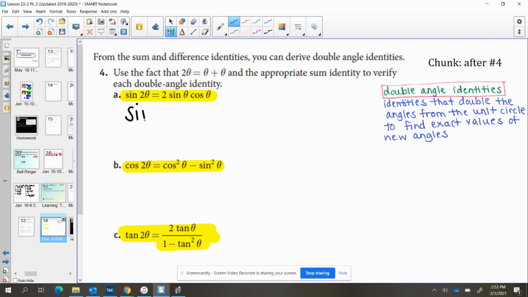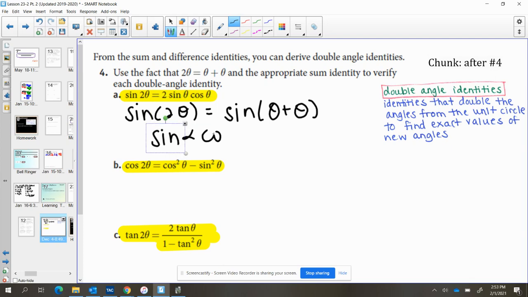So again, we know that we can rewrite sine of 2 theta from what we were talking about up above as sine of theta plus theta. Well, this is the sine sum theorem, right? And we know that that would be sine of alpha times the cosine of beta plus the cosine of alpha times the sine of beta.